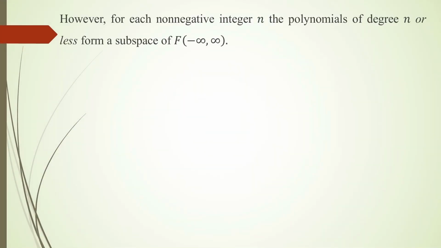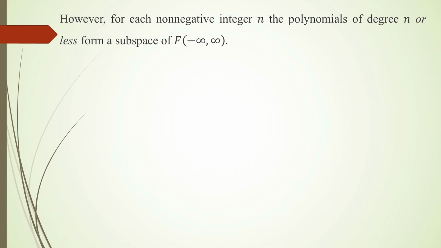However, for each non-negative integer n, the polynomials of degree n or less form a subspace of F minus infinity to infinity, because if you add an nth degree polynomial and a polynomial of degree less than or equal to n, anyway we will not get a polynomial whose degree is greater than n.